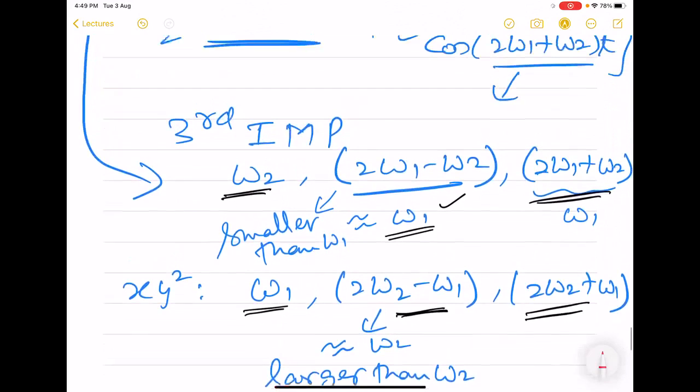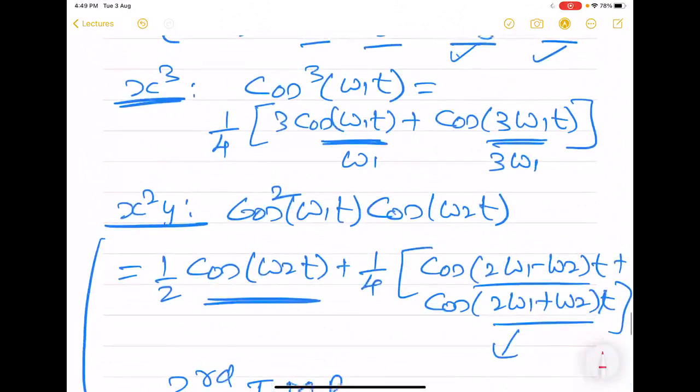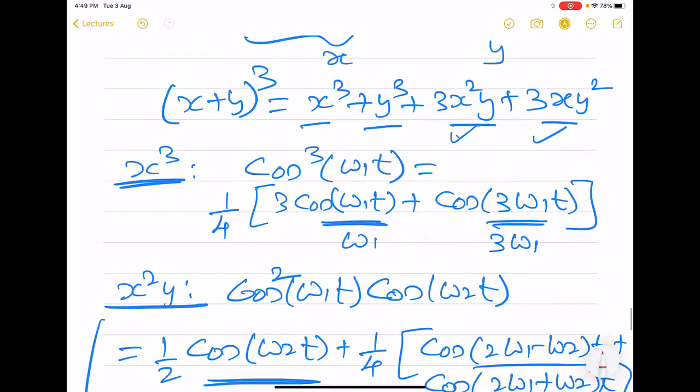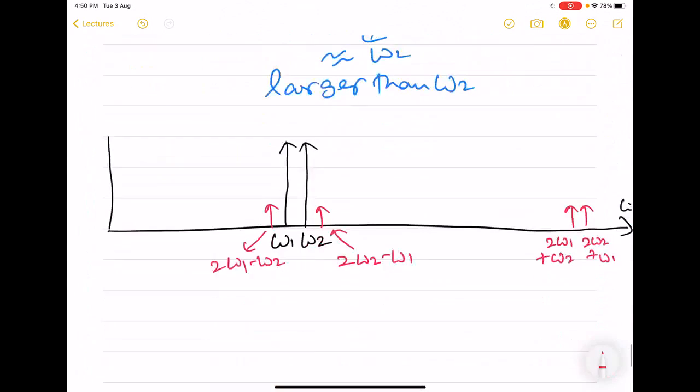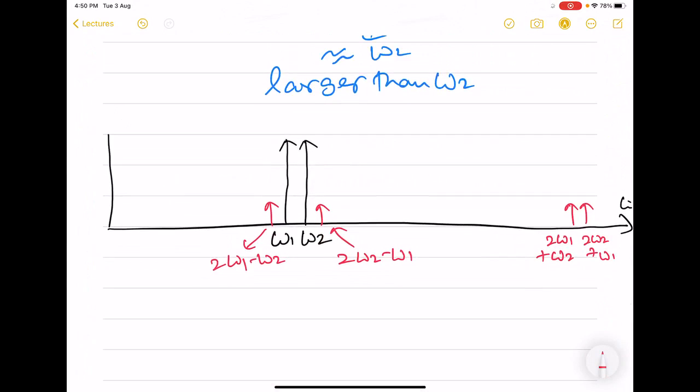So these are the components from the mix, but from the pure component like the x cube term, we see that we have the fundamental again and third harmonics. So we will again have a fundamental which will add with the original one. What we have shown here is the resultant of all of them. Now we are going to have a third harmonic 3 omega 1 and 3 omega 2. So these are the contribution, 6 terms arising because of the cubic term.